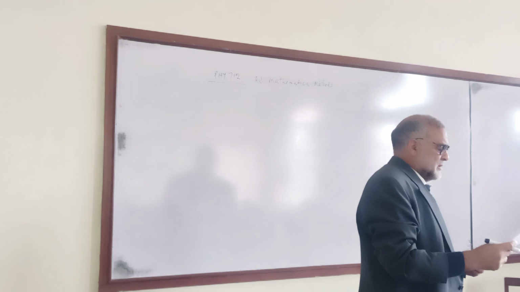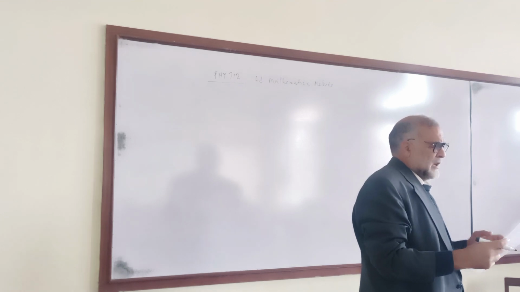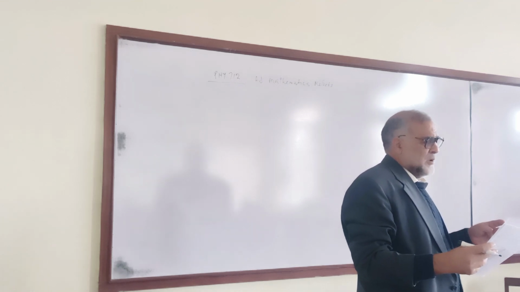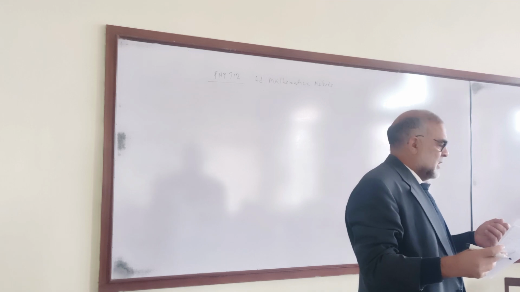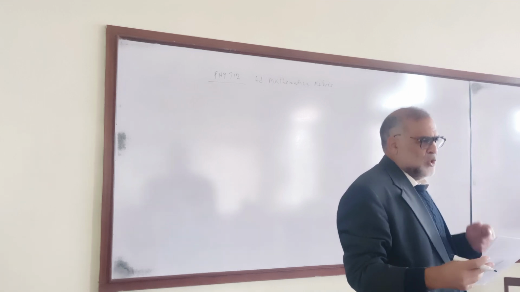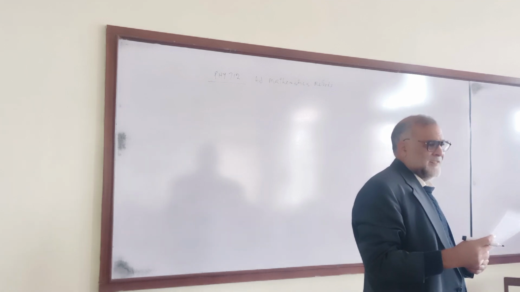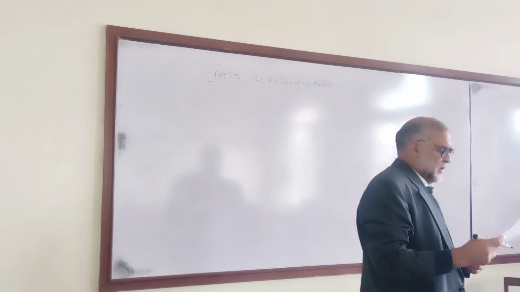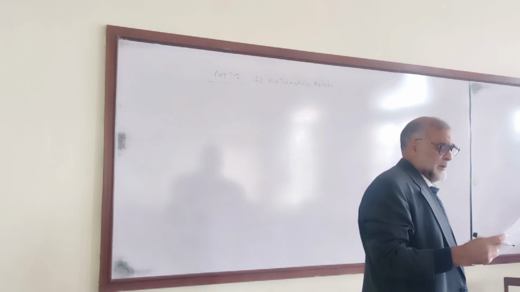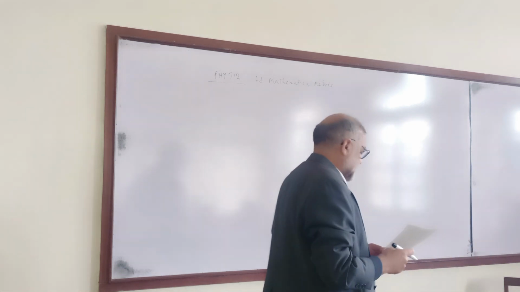Our semester will run from February through March, April, May, and in June we will give you an examination. So it's a 4 month course, and in this course we will try to cover different things.